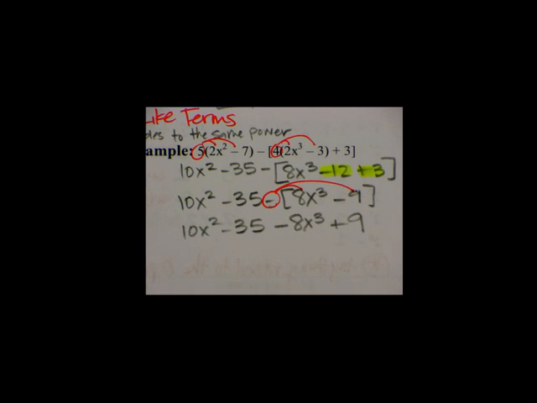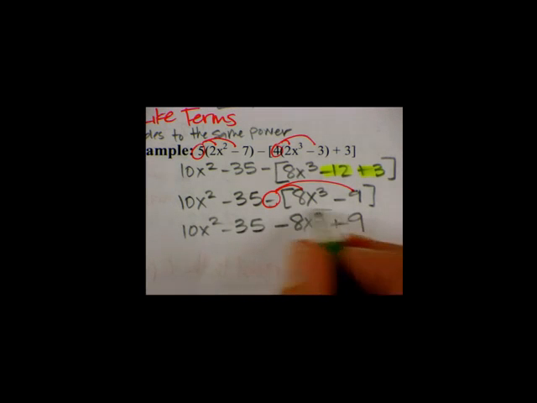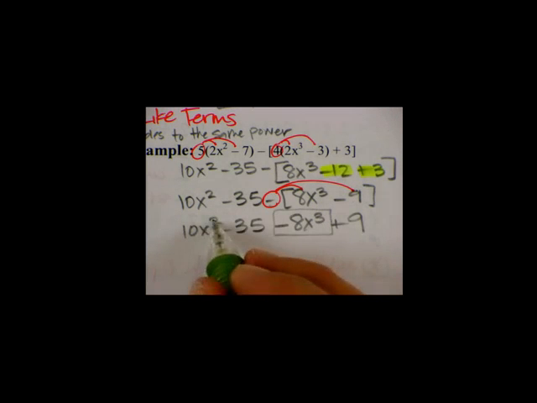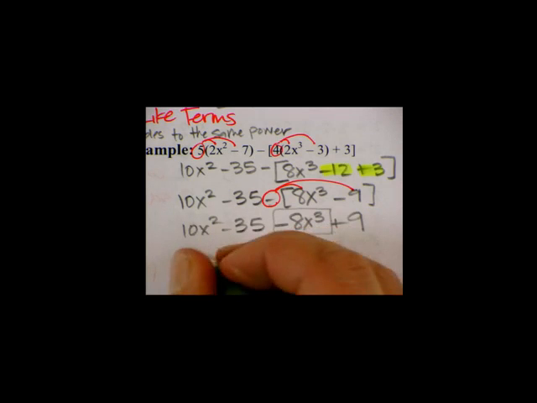Now what I want to do is look and say, are there any like terms that I can combine? The highest power I have is this. Does this guy have any like terms? No, right? Because this is x to the third power, this is x to the second power.